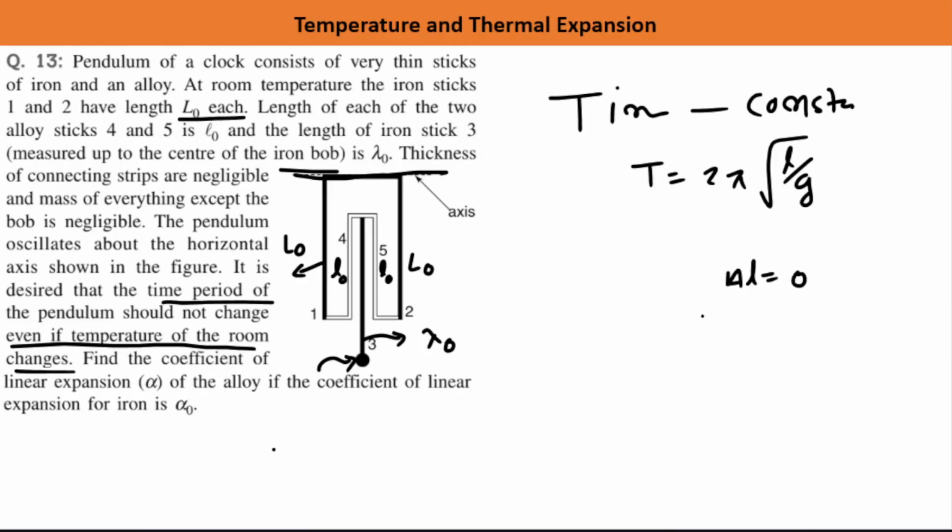And what is this L? This L is basically the effective length of the pendulum. And what is the effective length of the pendulum? This is basically the distance of the center of mass of the bob from any fixed position.